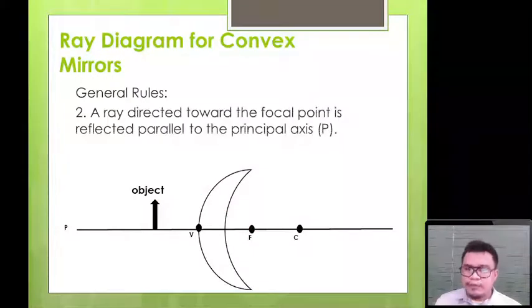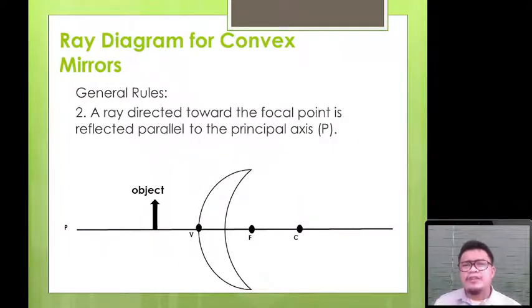Now for rule number 2, a ray directed towards the focal point is reflected parallel to the principal axis. Actually, it's just the same as what we did in concave mirrors. So what are you going to do in this case?